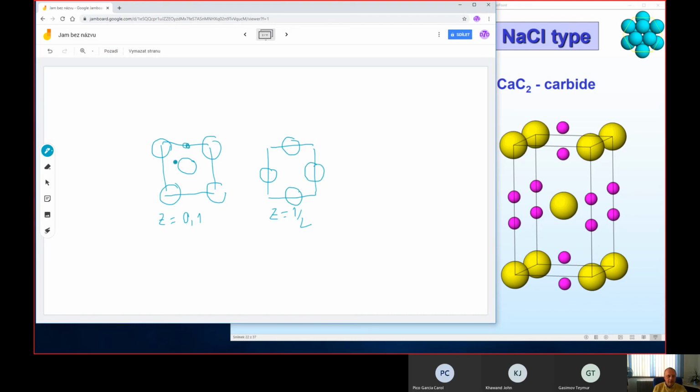So we have the second type of atoms here, and here we are at the edges and in the center. And if these atoms are the dimers oriented perpendicular to this plane, then the unit cell would be this one.